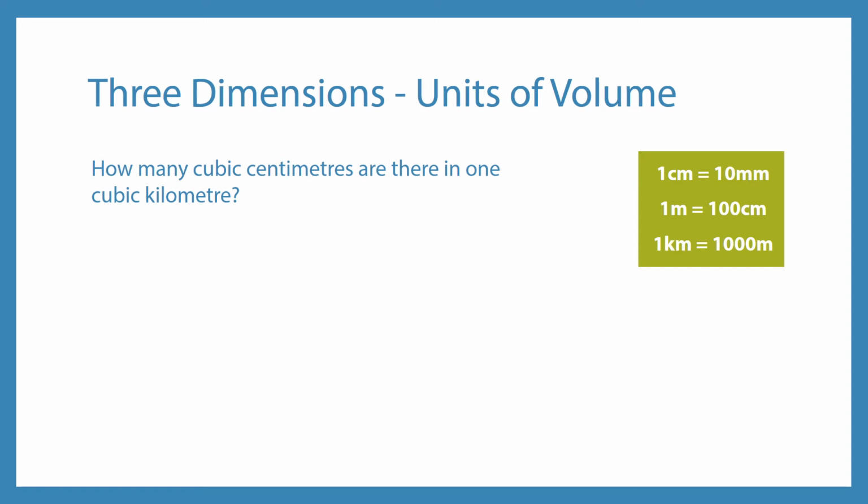All right, can you work out how many cubic centimeters there are in 1 cubic kilometer? Okay, so again, we're going to work out how many centimeters are in a kilometer. So 1 kilometer equals 100 meters, which equals each 100 centimeters. So we're going to multiply these 2 numbers. We're going to get a number with 5 zeros. So we end up with 1 kilometer equals 100,000 centimeters. Now again, we're cubing. So we're going to go 3.